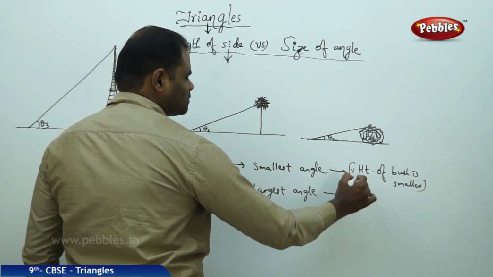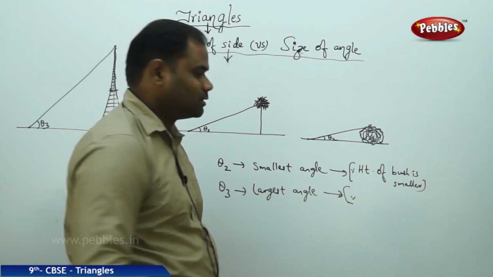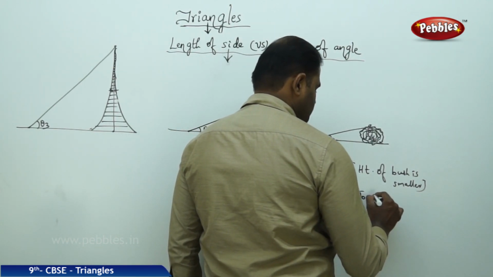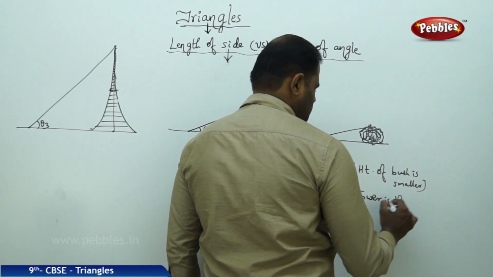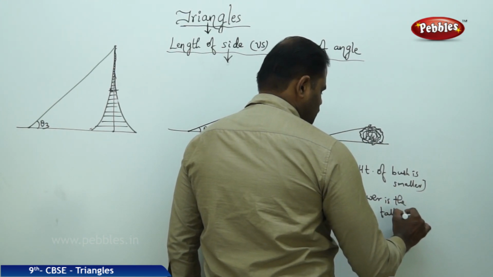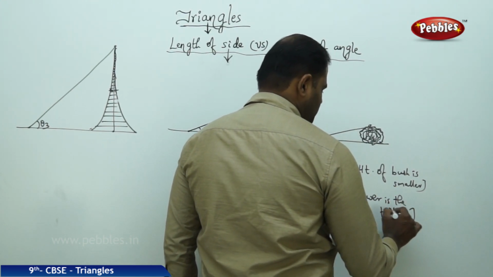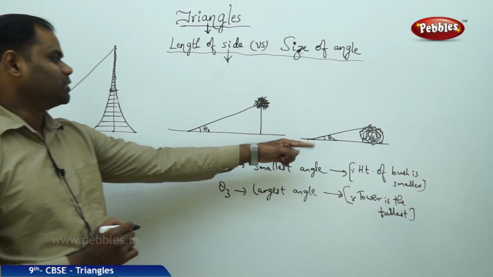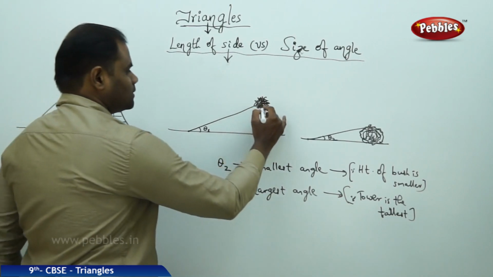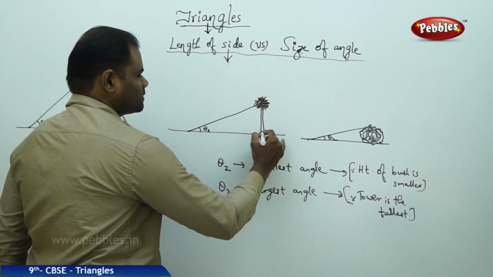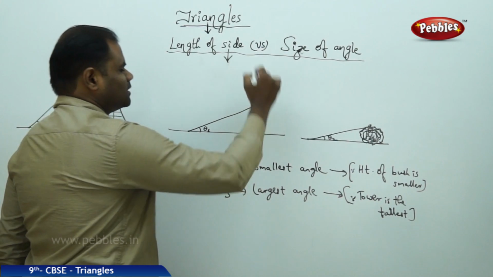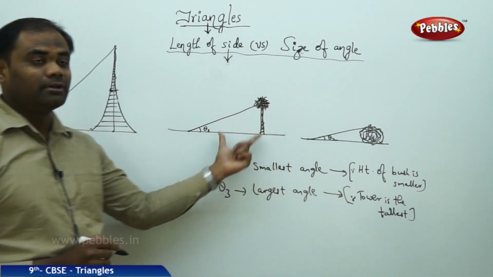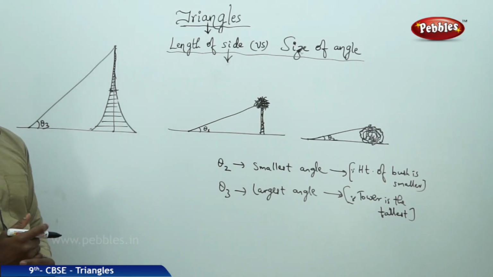Because the height of the tower, since the tower is the tallest of all the three different situations which are taken out of the bush, the palm tree and this, the tower is the tallest. That's how we understand the connection between the bush, the palm tree and the Eiffel Tower.